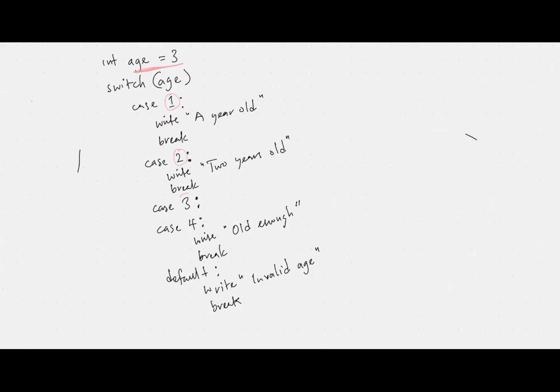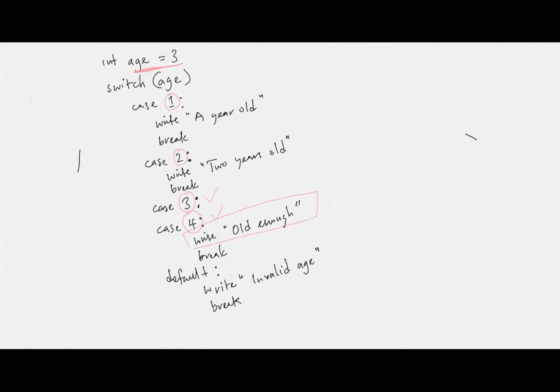There is no code, neither is there any break. So because there's nothing in between them, when age is equal to 3 or when age is equal to 4, the same printout is possible to see. So when age is equal to 3, we will see old enough.